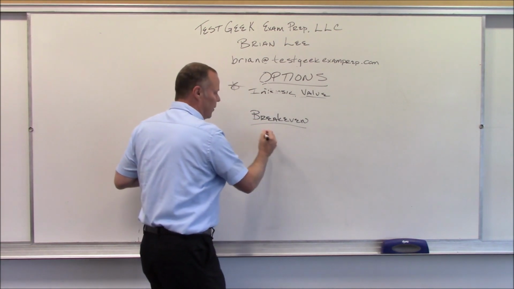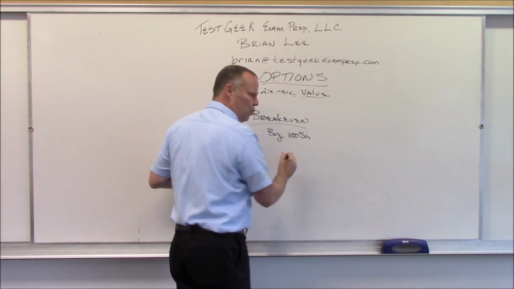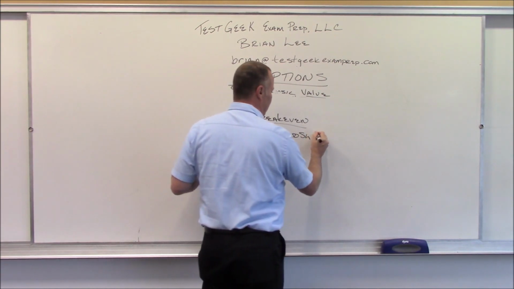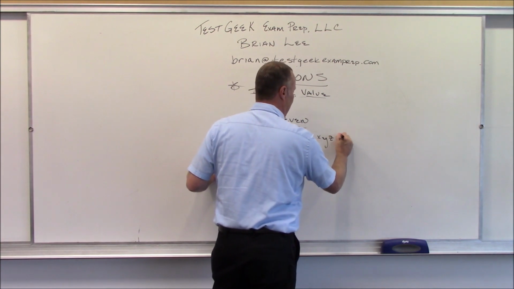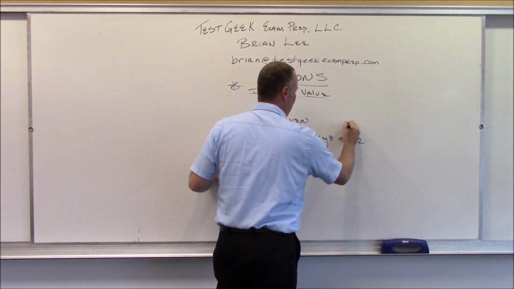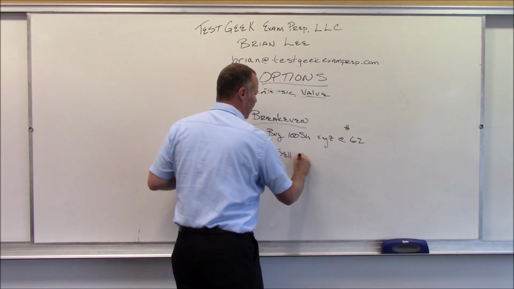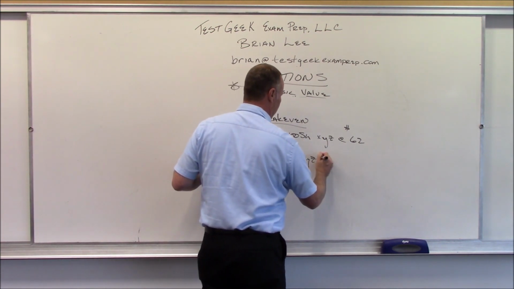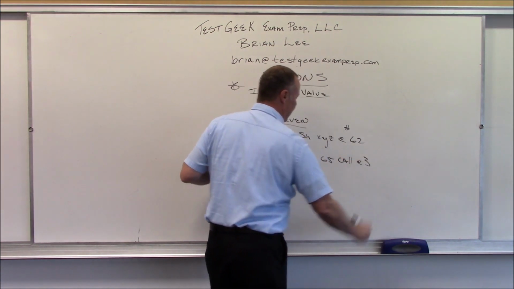Okay? Now, if I buy 100 shares, that's the actual stock, 100 shares of XYZ at, say, $62 a share, and I then sell one XYZ 65 call at 3.